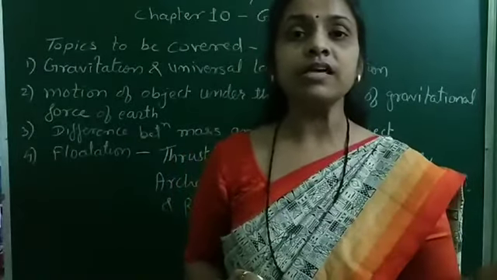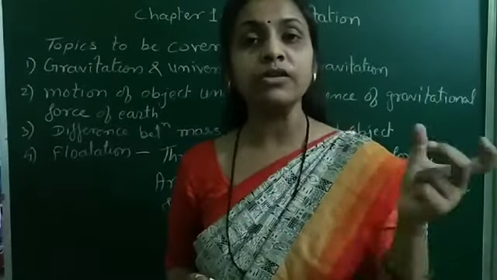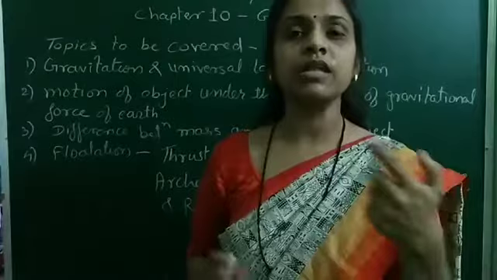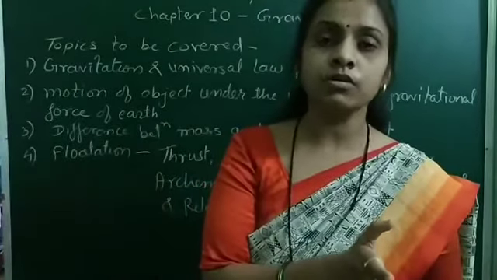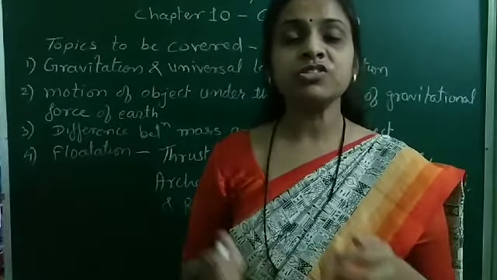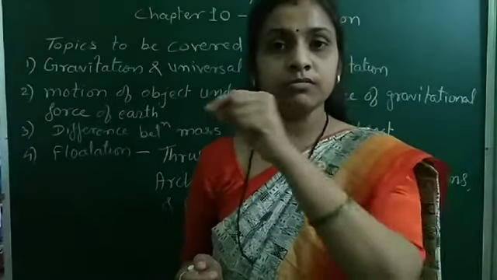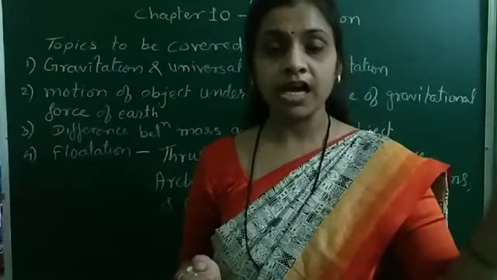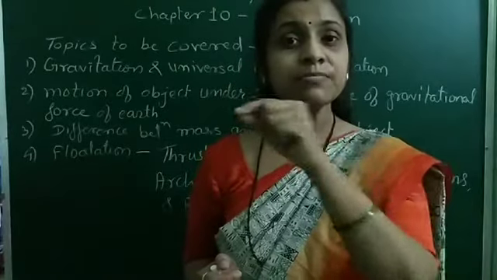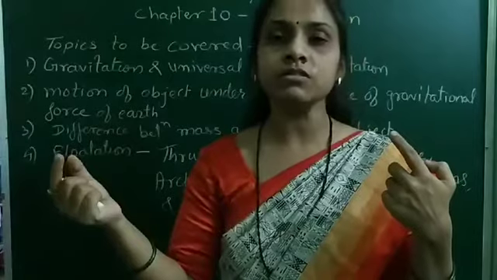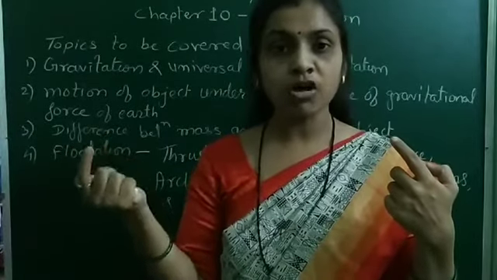The earth exerts the force on the moon, and due to that force the moon revolves around the earth and does not drop on the earth. Why? Because just like the thread here, the thread acts as a medium between the hand or finger and the stone or the chalk.